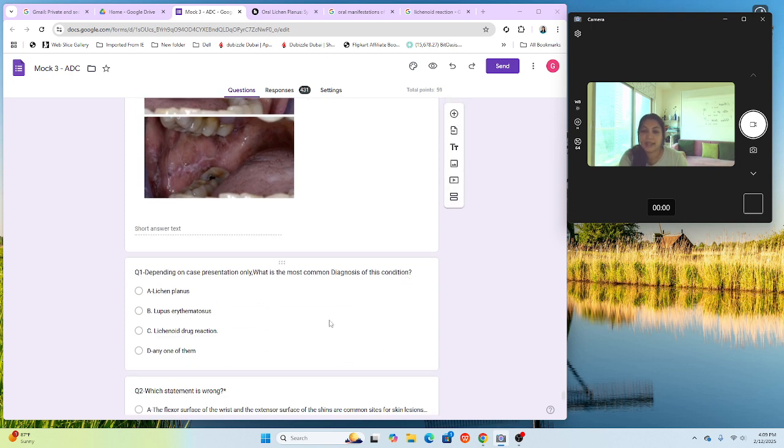Now, depending on the case presentation only, like basically no further investigations, no biopsies, etc., what is the most common diagnosis of this condition? Now, what is my keyword here? Most. Hundreds and thousands and lakhs of times I have said whenever the question says most common diagnosis, meaning all the options will be correct, all of them.